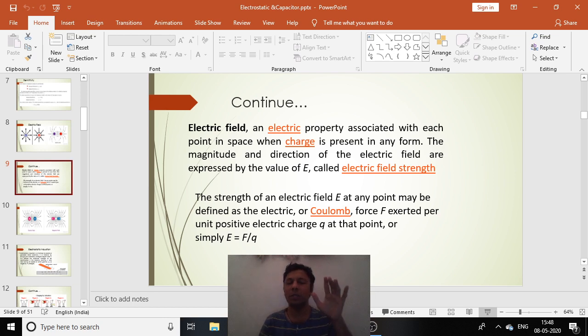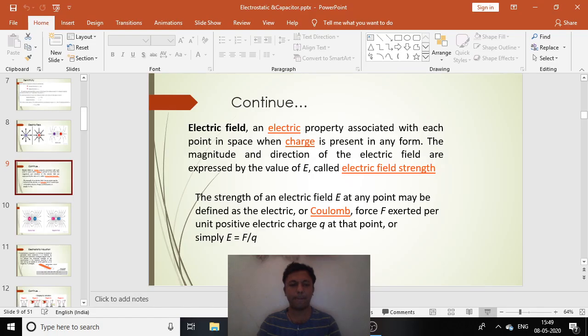It is defined as E equal to F upon Q, and its unit is Newton meter square divided by coulomb.